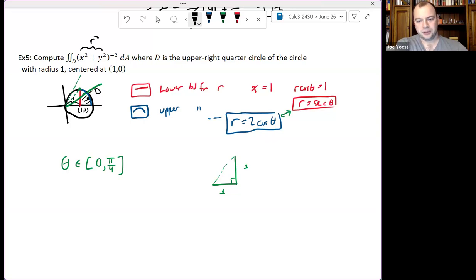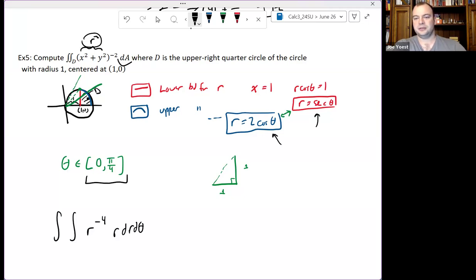Okay, so I want to compute the double integral. Well, x squared plus y squared, remember now we're in polar coordinates, is r squared. R squared to the -2 is r to the -4. dA is r dr d theta. And now theta is the one that's independent of r, but r depends on theta.